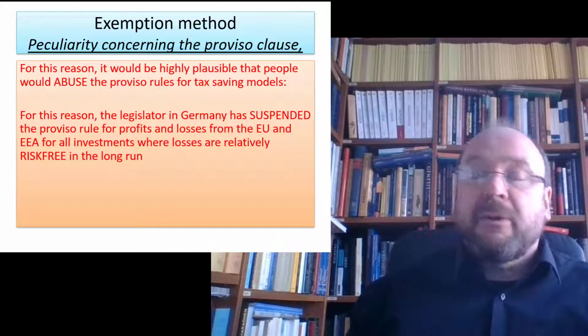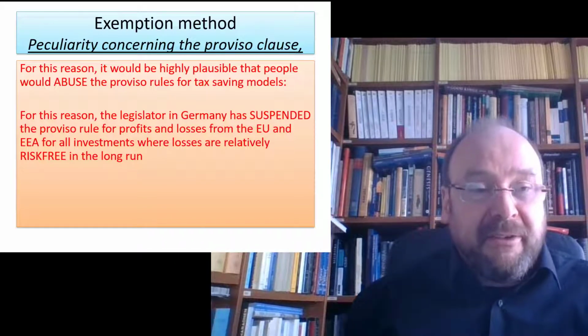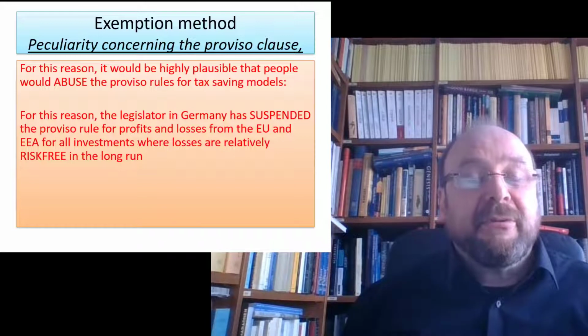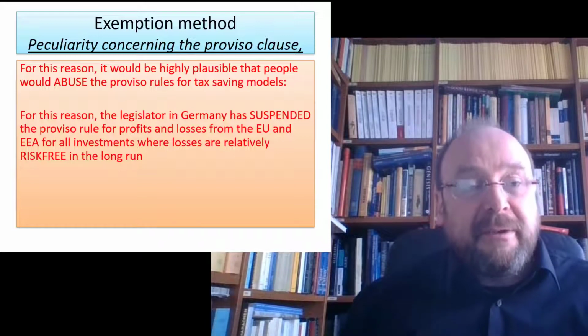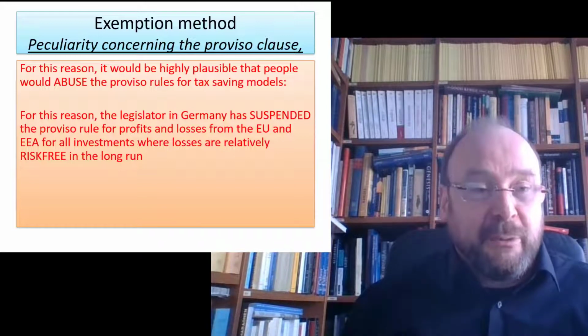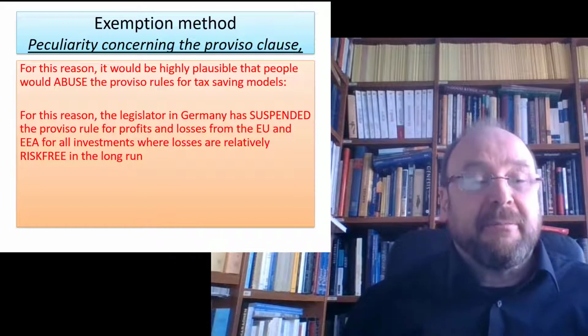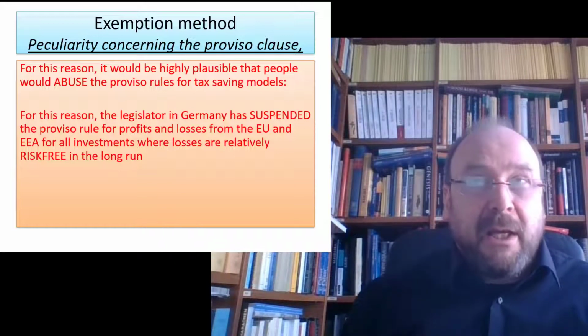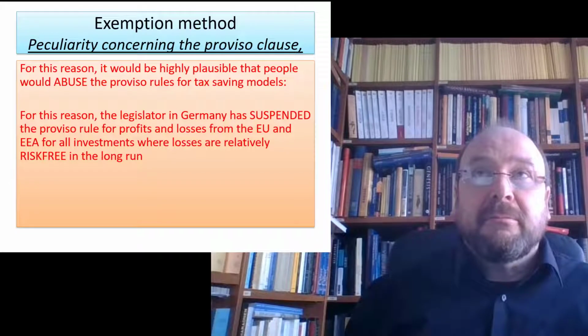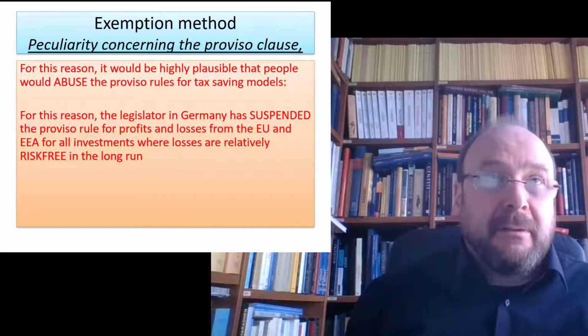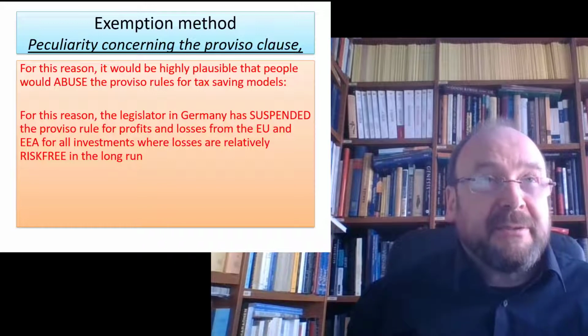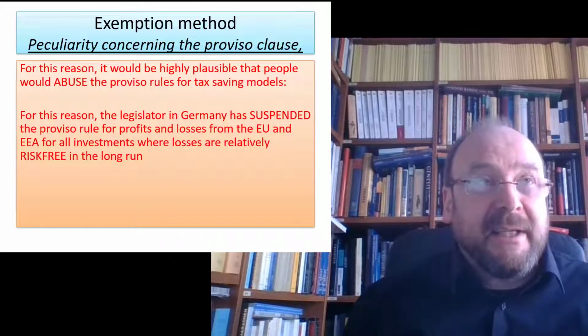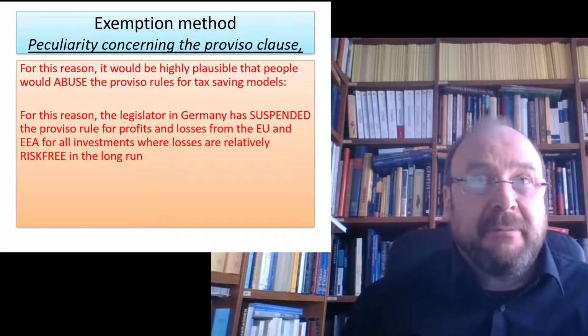So you only need to make such countermeasures for situations which are relatively risk-free. The most important situation which is risk-free is, for example, to invest into capital investment opportunities where, let's say, the money nearly certainly comes back.